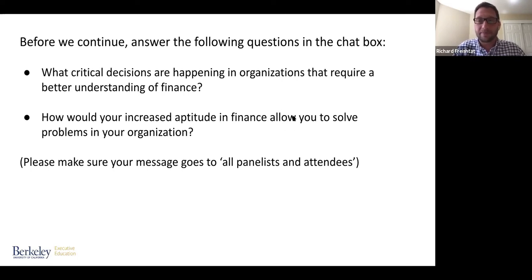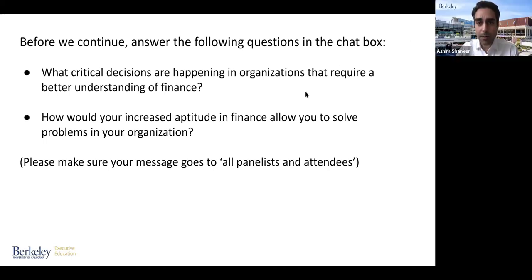Yeah, these are great. We got some answers while you were speaking there. Richard mentions to us that some critical decisions are around budgeting resources that are investment nature versus operational nature, and later understanding that the actuals are way off with higher variance. With increased aptitude, it'll help plan and embrace other ways to deal with these issues.